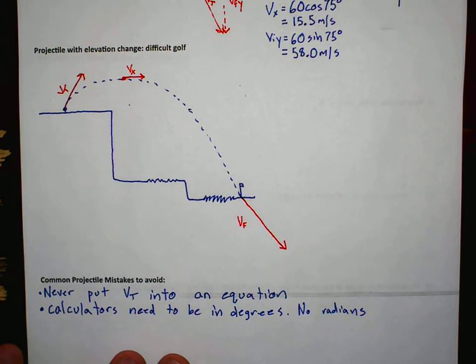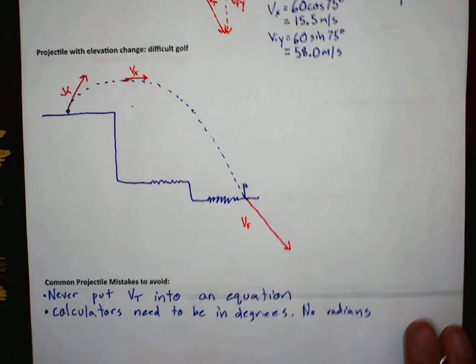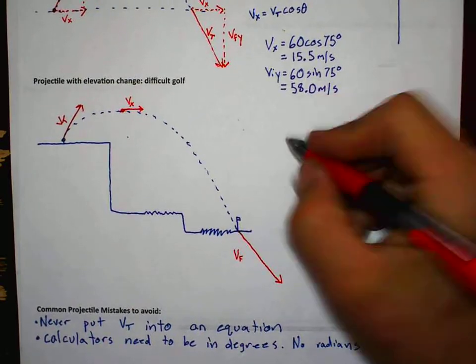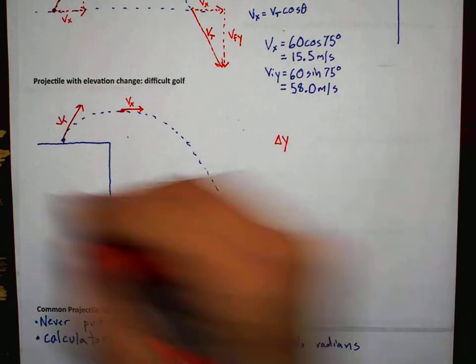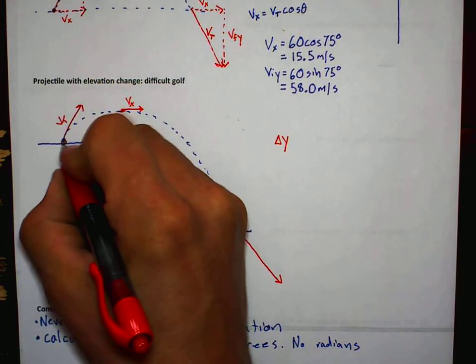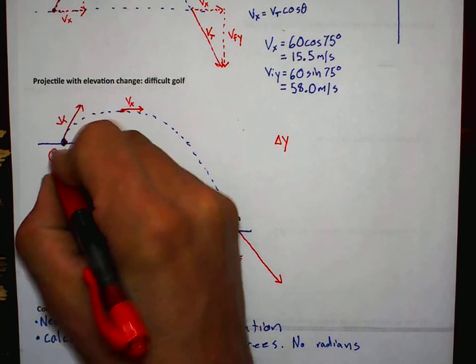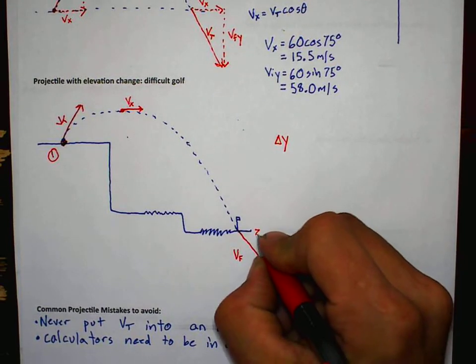All right, so things we need to know about this. Our change in y. I'm going to call this point 1, and I'm going to call this down here point 2. Change in y is negative.